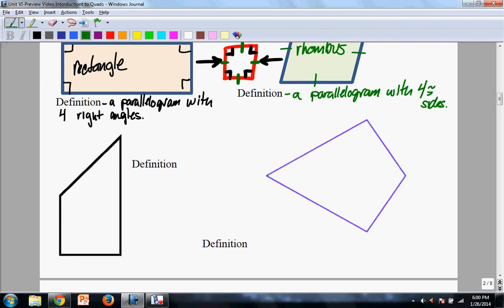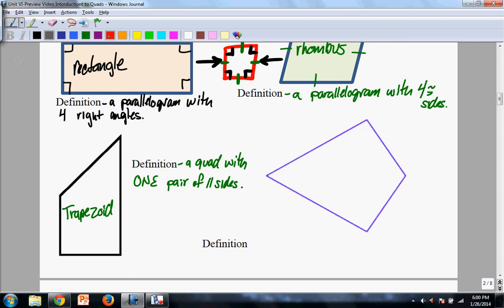Two other quads you should be familiar with would be a trapezoid. The definition of a trapezoid is a quad with only 1 pair of parallel sides.